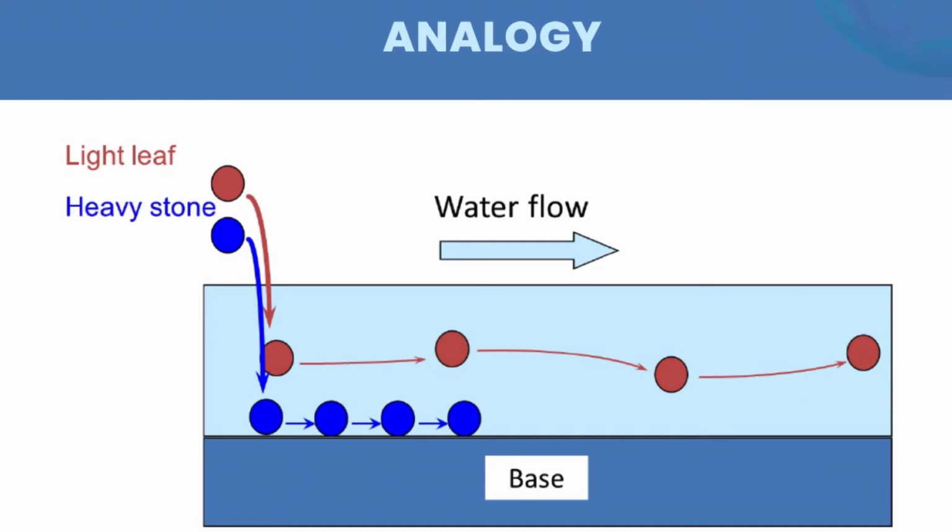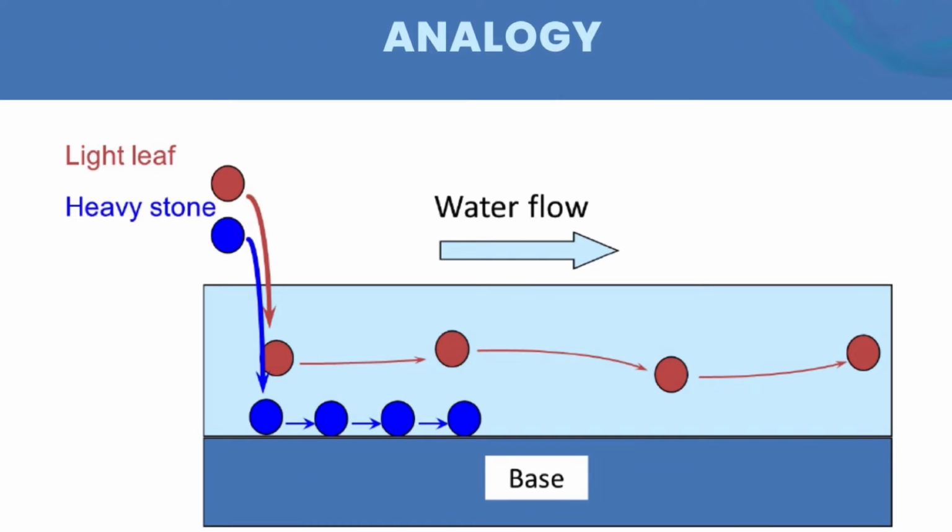The heavy stones are not moving with the stream because they have more interaction with gravity, so they remain in the base, whereas the lighter leaves don't have weight, so they don't get stuck in the base and they move. In this way we have separated these two things.